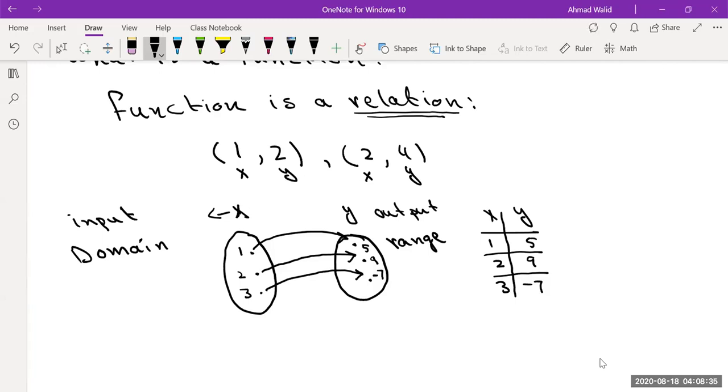Correct? That's the meaning of the domain. When I use it for the definition of a function, a function is a relation. Which kind of relation? That every single value in the domain has only and only one element in the range, or in y.